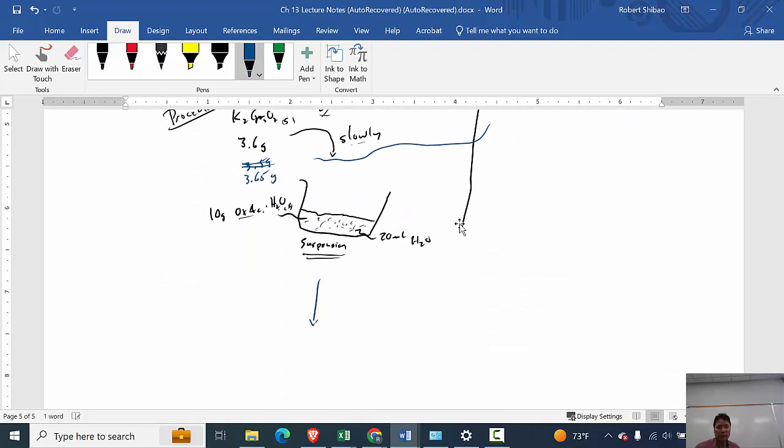So we're going to let the reaction subside. And then we're going to add 4.2 grams here of potassium oxalate.